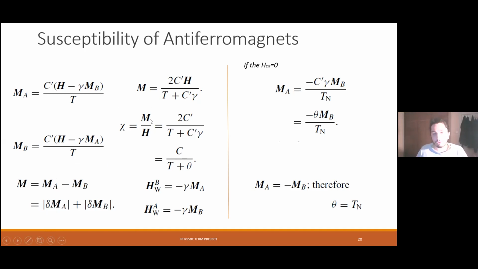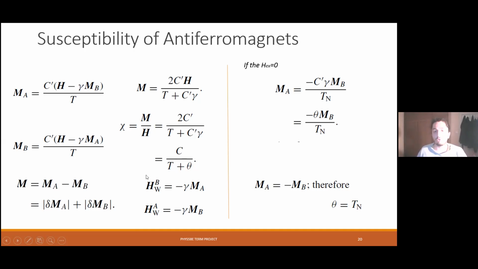If you look at the total magnetization, this is the term, and the susceptibility can be written like this. We can see here that, unlike the ferromagnetic system, the theta term is written as plus instead of minus.